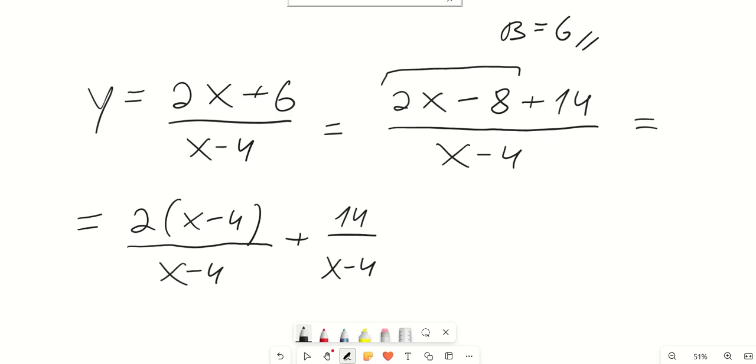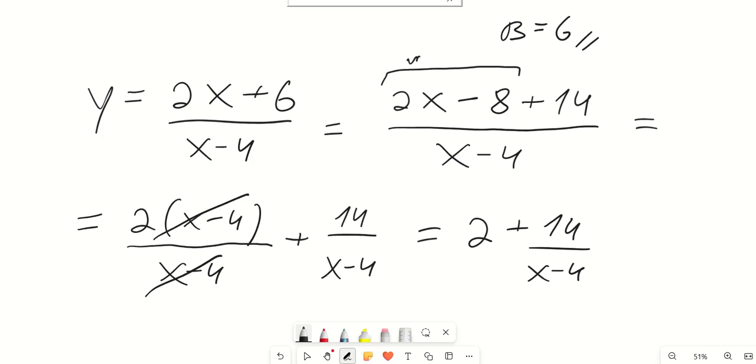So I just separated the two terms. They have a common denominator, and I just write them separately with the same denominator. Now, this allows me to cancel out this term, and then I am left with 2 plus 14 over x minus 4. This also explains why I wrote minus 8 in the first place, because I recognized that if I take out 2, I will be left with x minus 4, which exactly cancels out with the denominator.